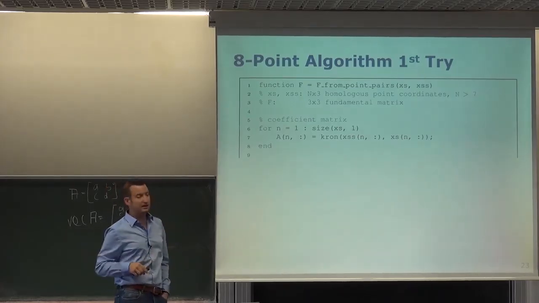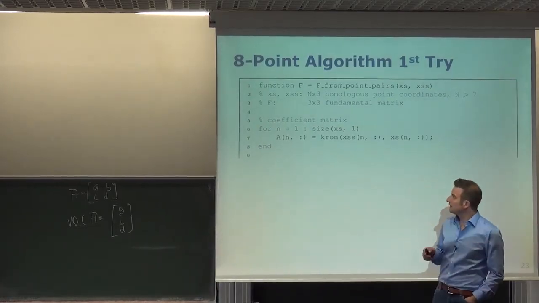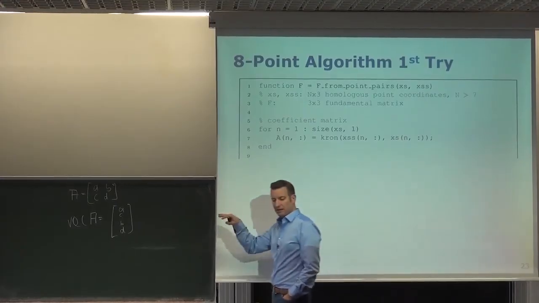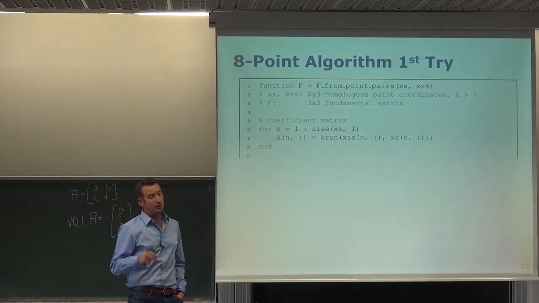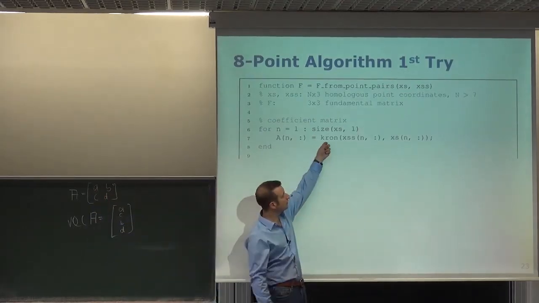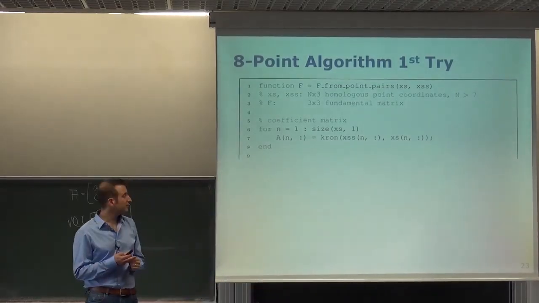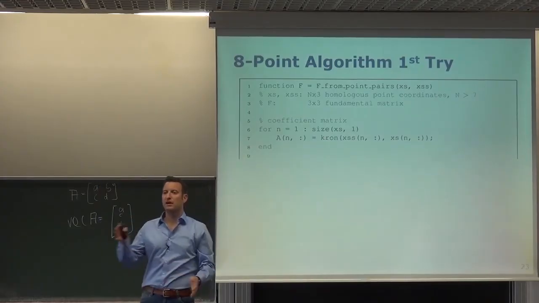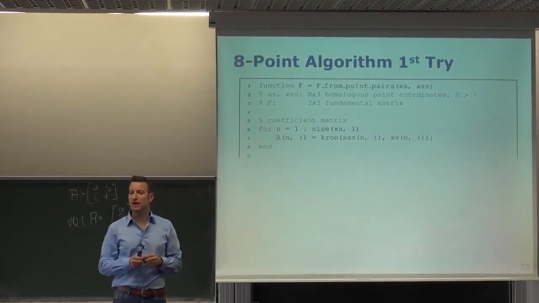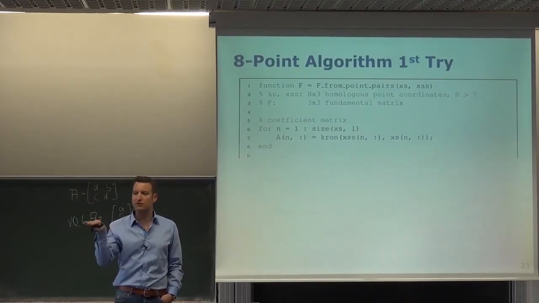And the first thing that I do, I need to build up this matrix A. And I can actually do that by saying every row in this matrix A is generated by the Kronecker product, where MATLAB gives you the function kron, of the individual vectors from our corresponding points. So I just need to iterate over all corresponding points and then I can compute this matrix A, which consists of the individual elements of x and x prime, all combinations of them. Every row of A consists of this.